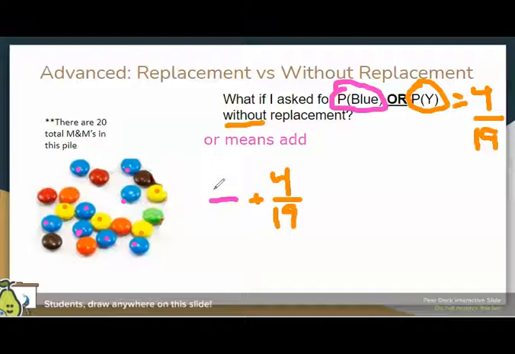So instead of 8 over 20, I'm going to change that to 2 over 5 because I can divide both of them by 4. Now, when I make my common denominator, it's going to be a little bit easier. So I've got 5 and 19. I'm really just going to multiply this 5 times 19, and 95 is going to be my common denominator.